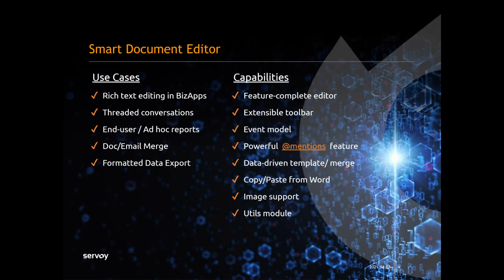One thing that I didn't show is copy paste from Word. That also works from Google Docs. In fact, that sales order slip that I made, I actually had something in Google Docs and I just copied and pasted it and put in the tags and it worked. Image support: I showed you how I could upload a file, but it also works directly from copying and pasting an image. It also works by dragging an image onto the editor. So that's really nice.